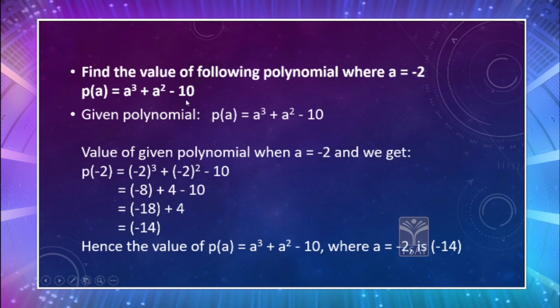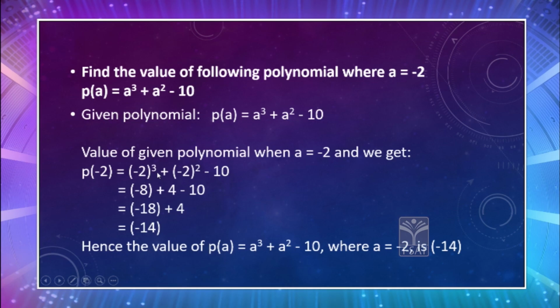A cube plus a square minus 10 means here you have to substitute the value minus 2 in place of a. So, the value of the given polynomial when a equal to minus 2 is p of minus 2, where in place of a you substitute minus 2.